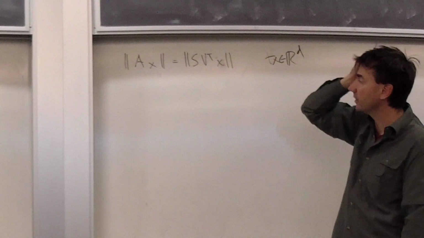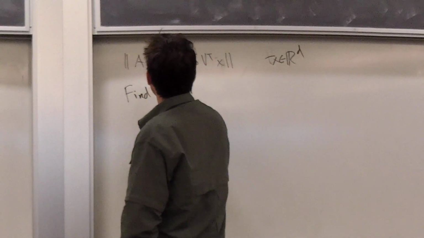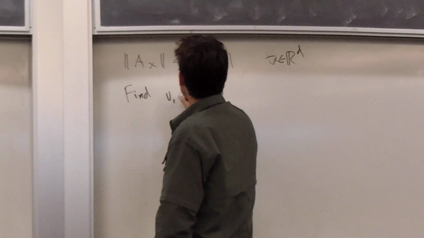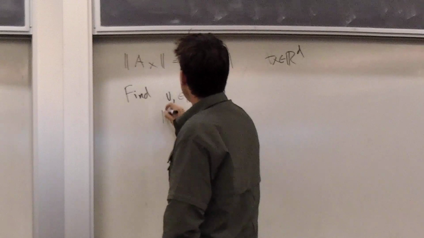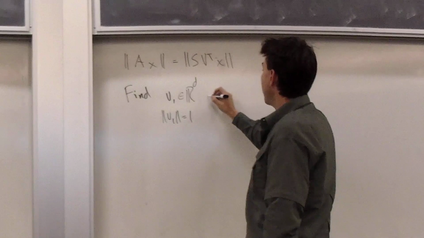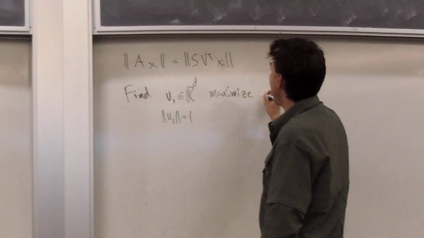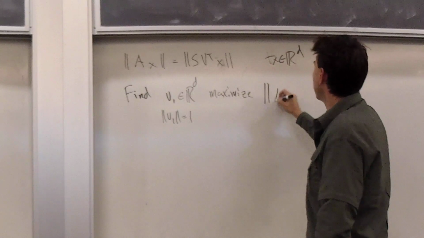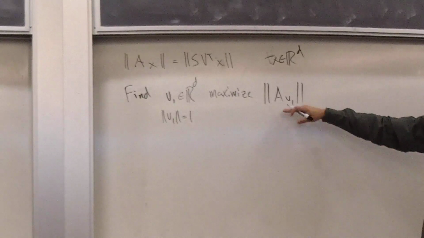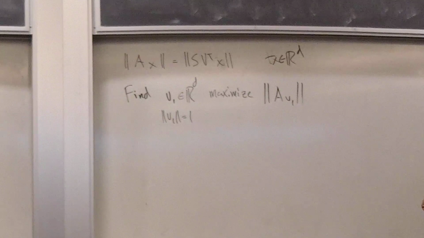Okay, so now my goal is to find v1, which is going to be in R^d, and the norm of v1 is going to equal 1, that is going to maximize the norm of A v1. All right, so I want to find this. The one with the most variation is going to be this. This is going to be the first singular vector.